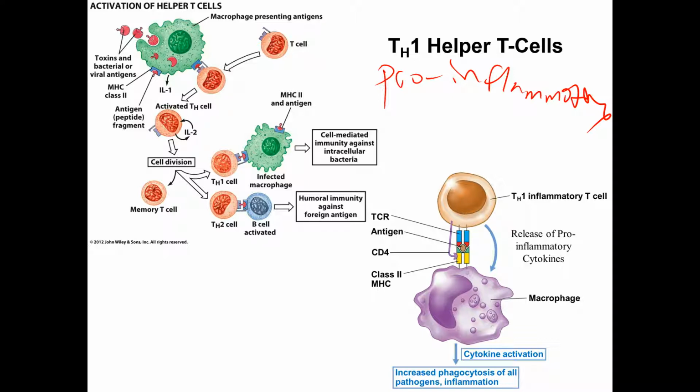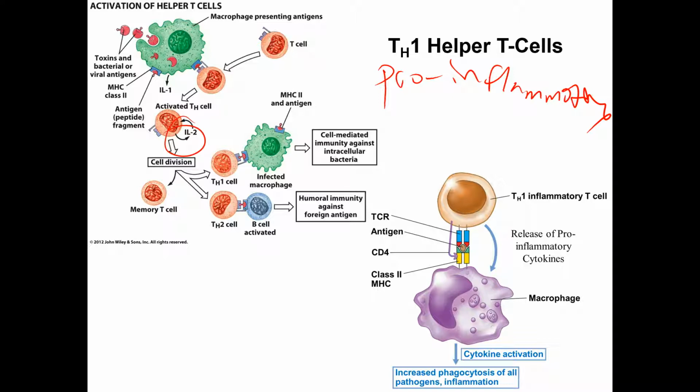Now, an activated T helper cell will actually secrete a chemical called interleukin 2, which will activate itself. It activates the T helper cell and also activates other T helper cells. Now, this T helper cell can differentiate into a Th1 cell, which is pro-inflammatory.